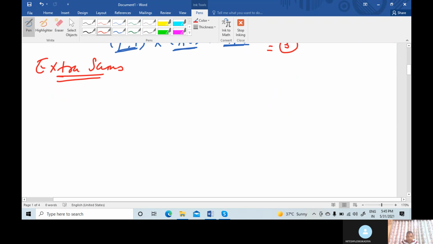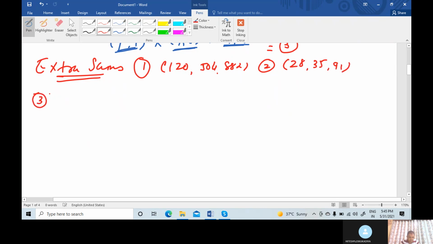Look, any one sum I can solve here. First: 120, 504 and 882. Second: 28, 35 and 91. Third: 60, 80 and 90.